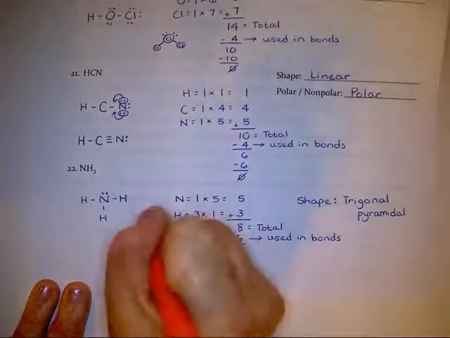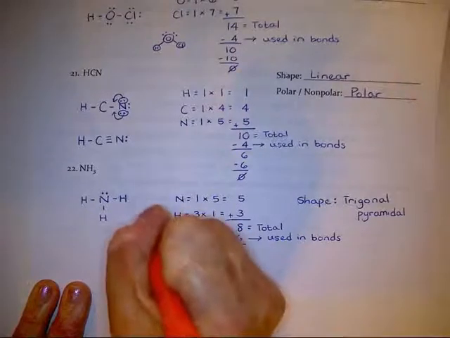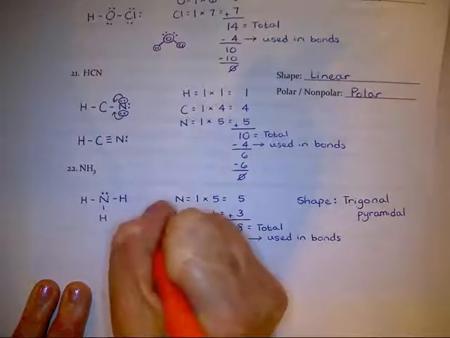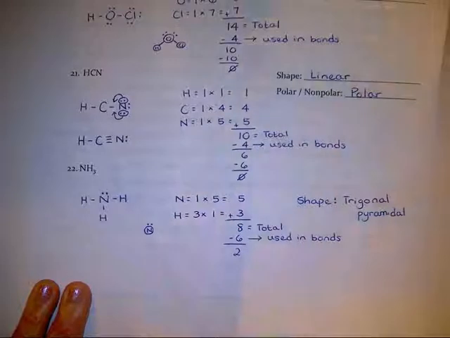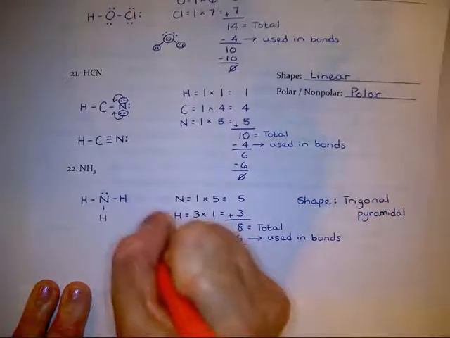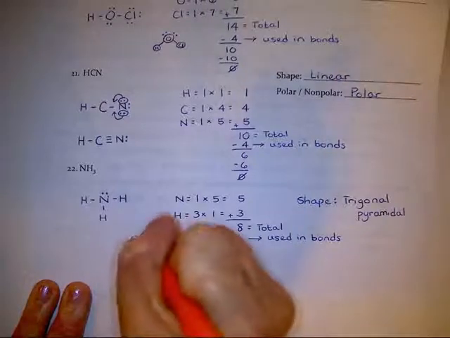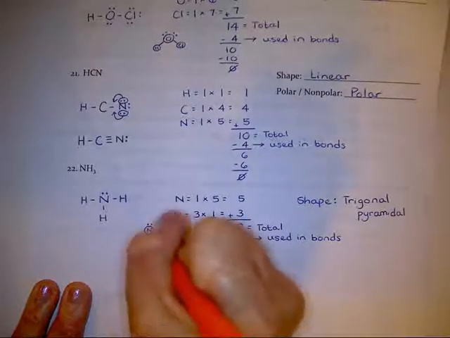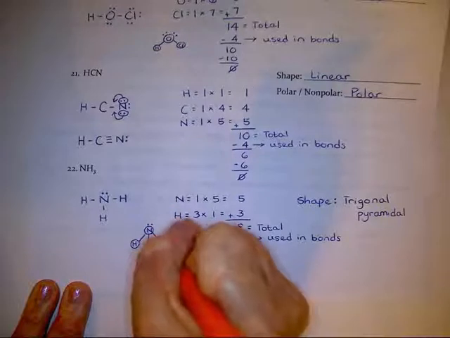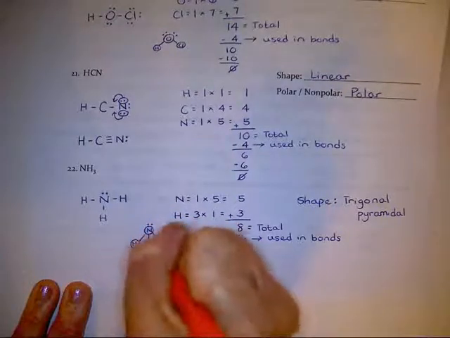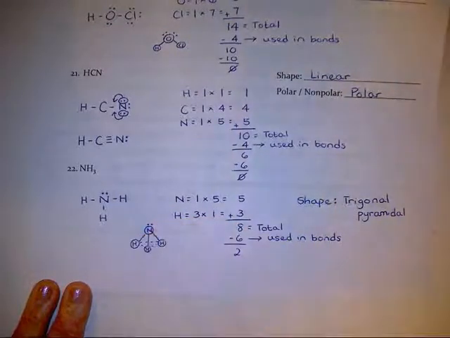A trigonal pyramid is basically, you got the N right here on the top as the point of the pyramid, okay, and then you have the H's basically hanging off like a tripod, okay, and it's going to form this triangular base at the bottom of this molecule.